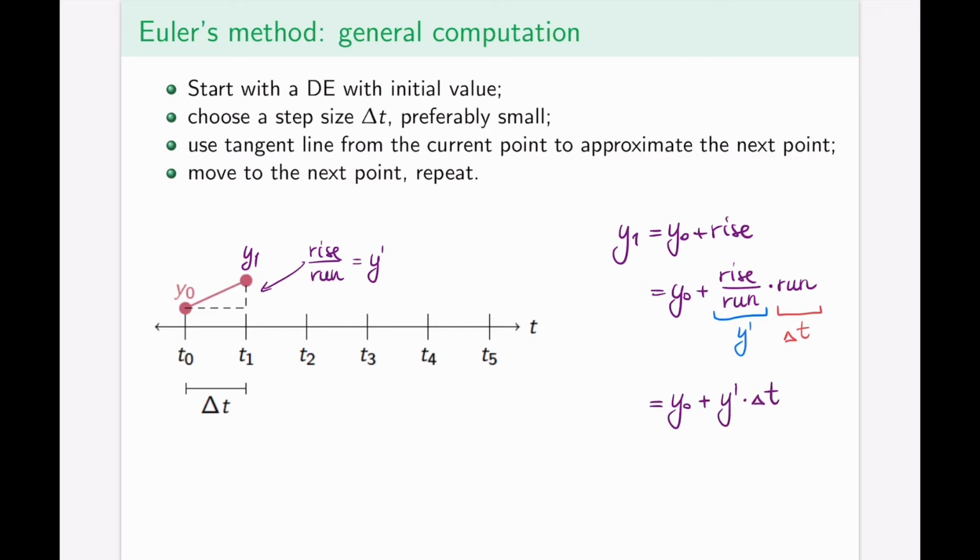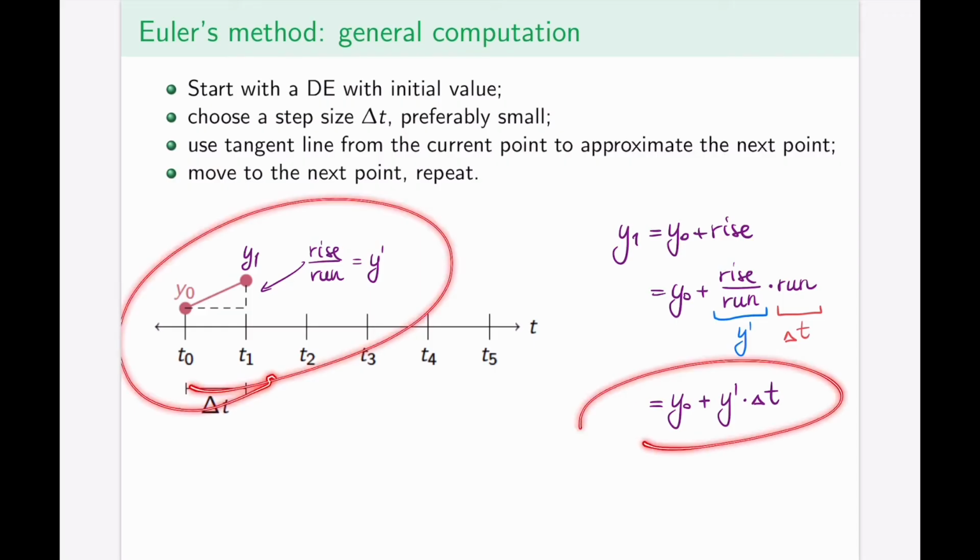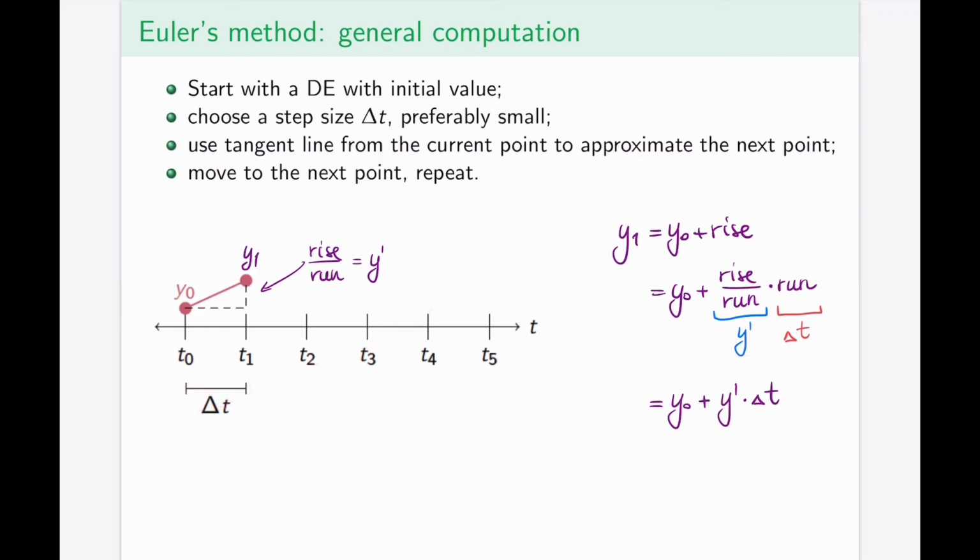Now recall again that I can repeat this process starting from y1 again and again and again, but nothing about what I've done here is specific to y0 or y1, which means that this formula should hold in general for any value of the y that I'm computing. So this is now reminiscent of Newton's method, where the n plus first value of y is equal to the nth value.